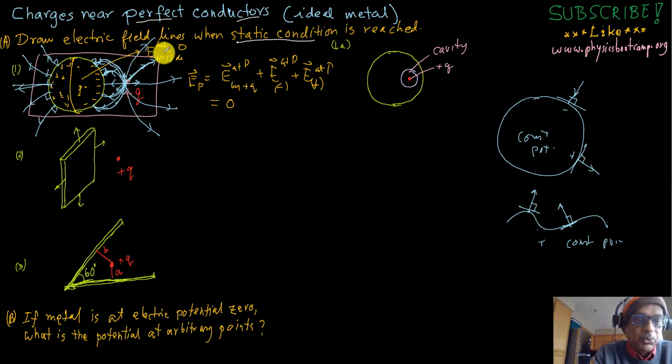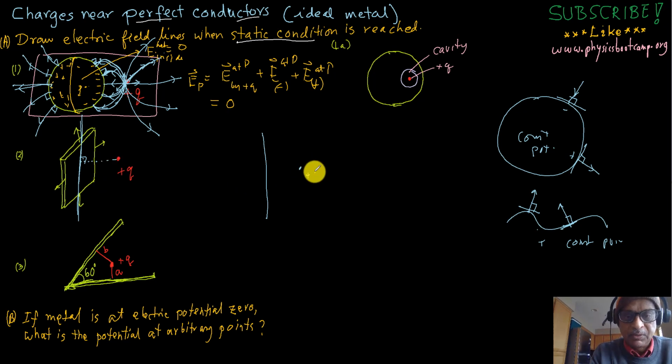How about two? Here, maybe we should draw a cross section because it's infinite. So let's draw it out like a cross section. This plate is a cross section, and this is plus Q. With that view, we'll have an interesting thing.